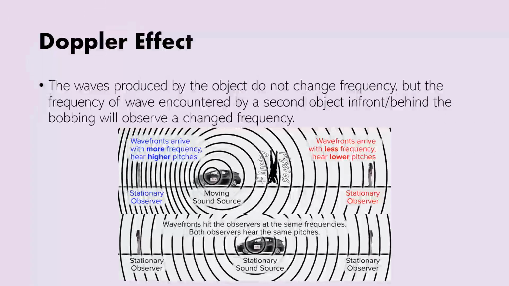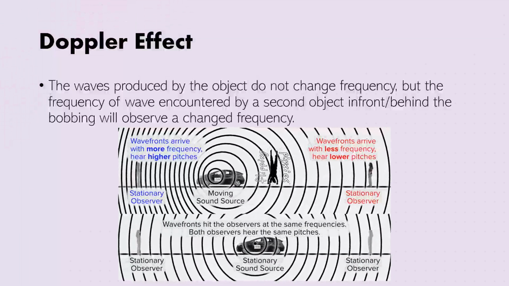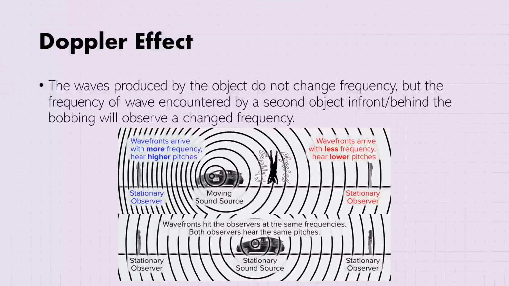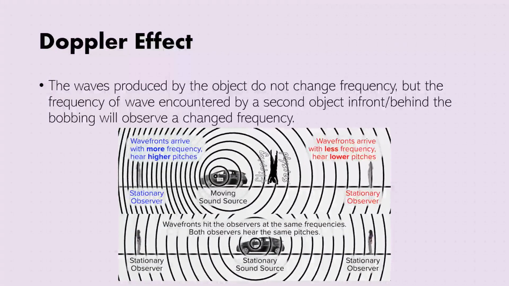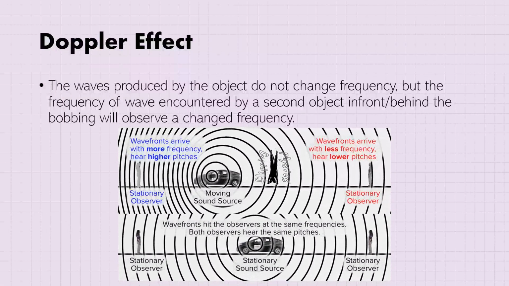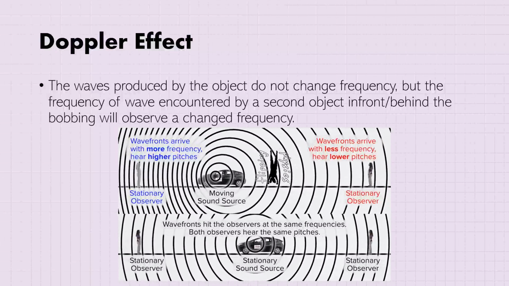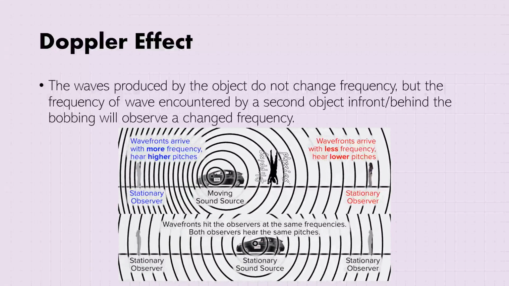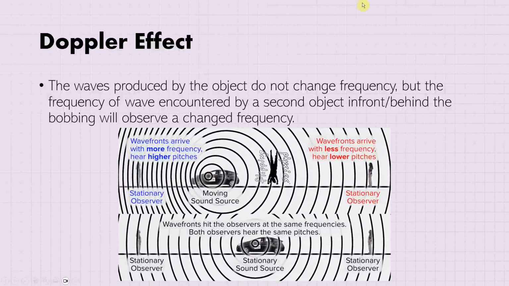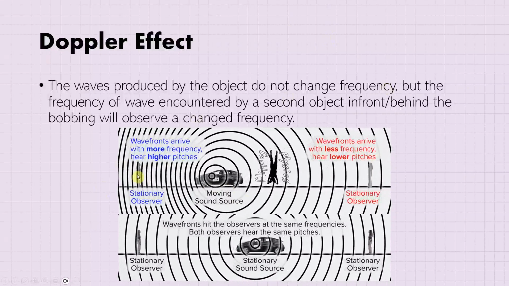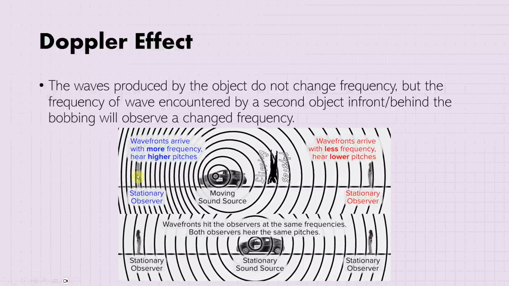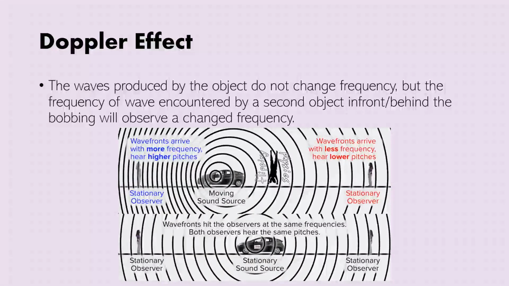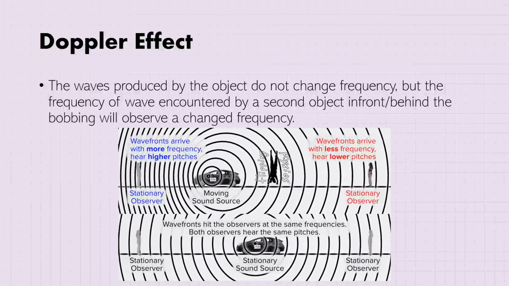So, this is a great example. The waves produced by the object are not changing frequency, but the frequency of the wave that is encountered by a second object, either an observer in front or an observer behind, will be a changed frequency, right? Because the stationary observer in front of this car has a higher frequency wave, whereas the stationary observer behind has a lower frequency wave.